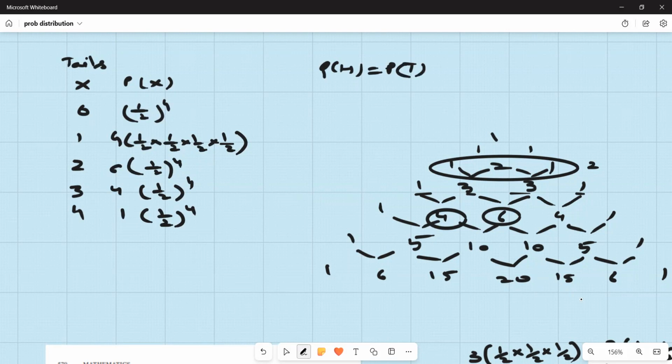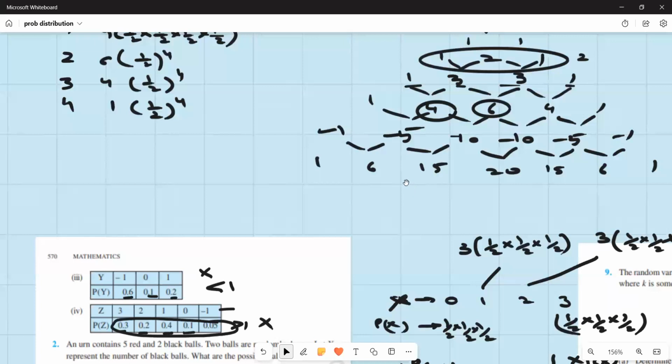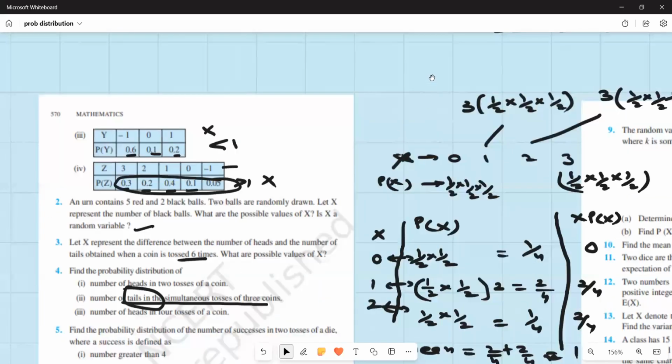So that's why it's coming 1 by 2 in all the 5 cases. Otherwise, if it is biased, then it will be different. Then if there are 5 tosses, these values will come: 1, 5, 10, 10, 5, 1. Clear? No need to calculate, you can just directly put the value.